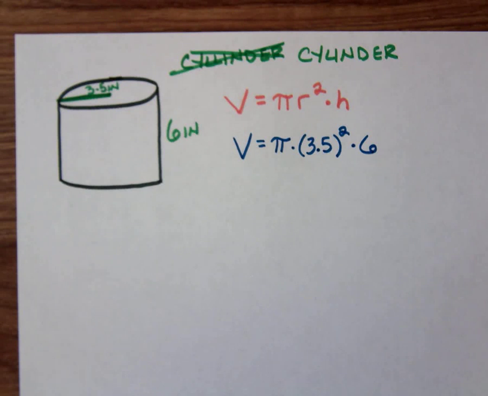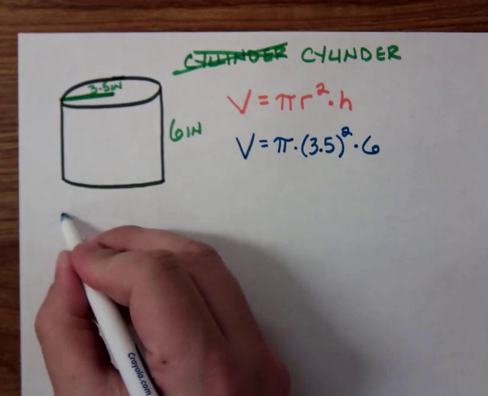I've said several times to you that with multiplication, you can do it in any order you like. This is not all multiplication, though. It has an exponent. You have to do exponents before you do multiplication. So saith my dear Aunt Sally.